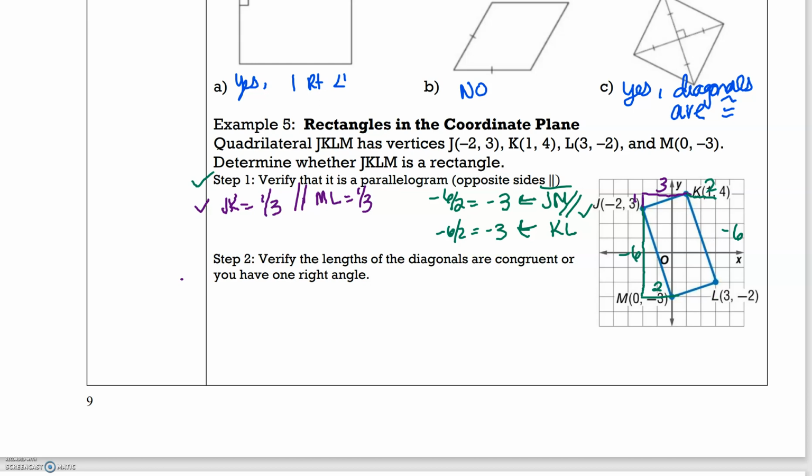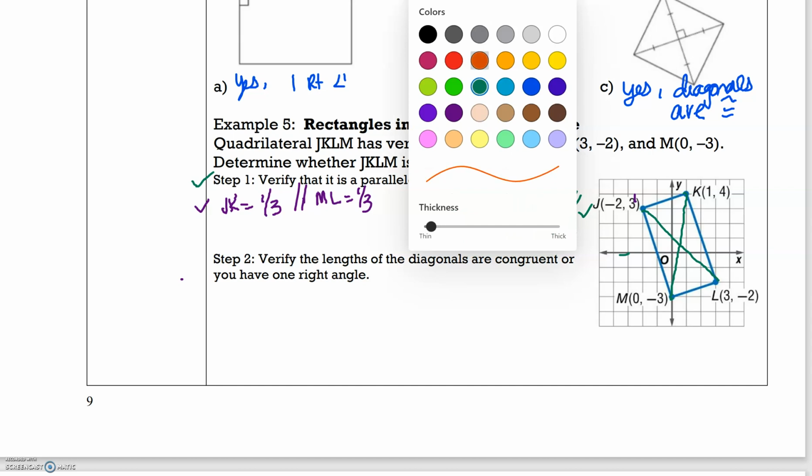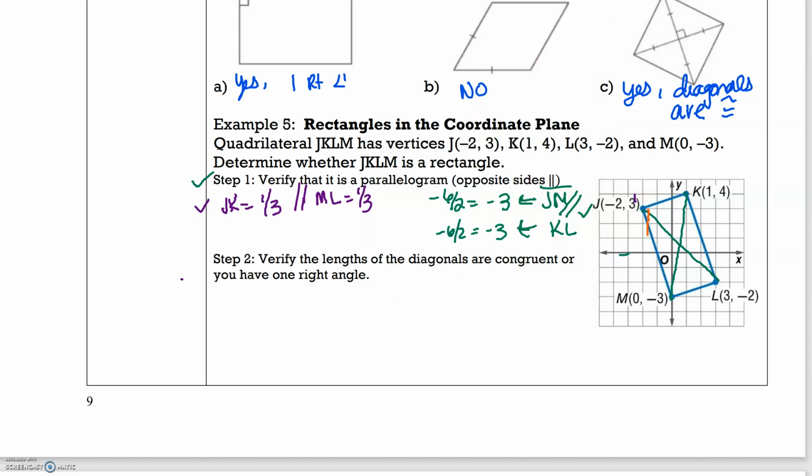And then let's go ahead and check our diagonals. I have to draw those in because they're not drawn in. So I'm going to go straight down, straight across, and you can calculate this by going from vertex point to vertex point, and you can find the length by doing your leg squared, or you can just find the slope of this line, which you already know, and the slope of this line, which you already know.